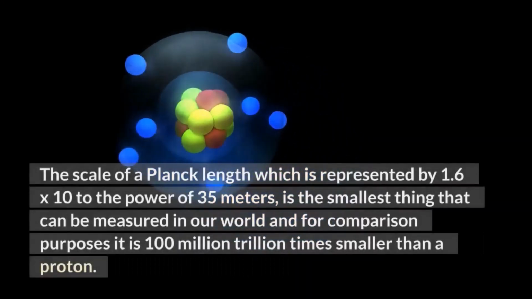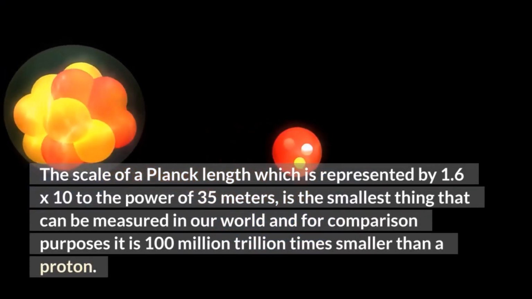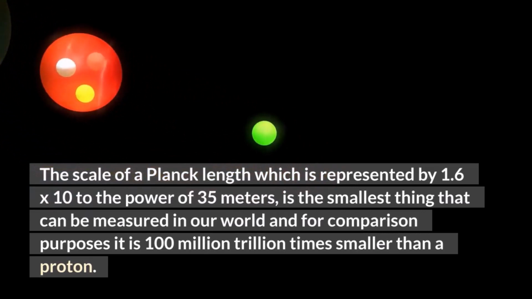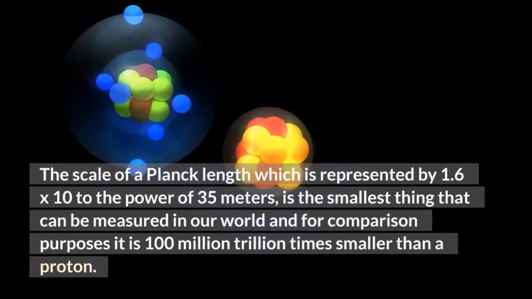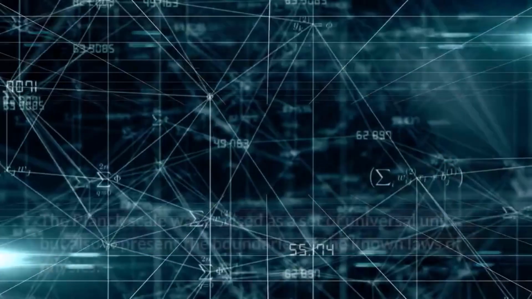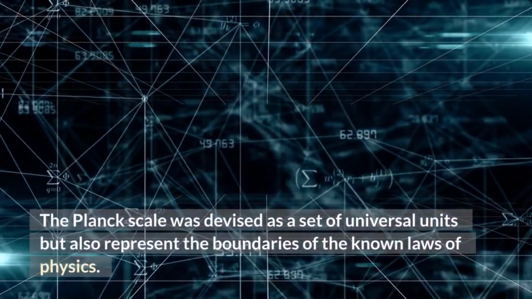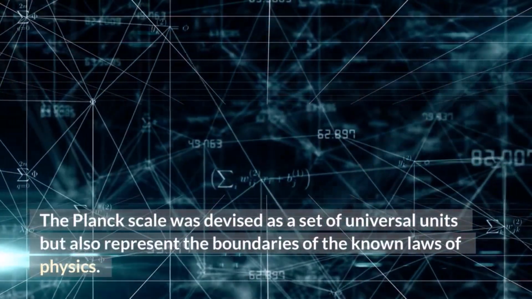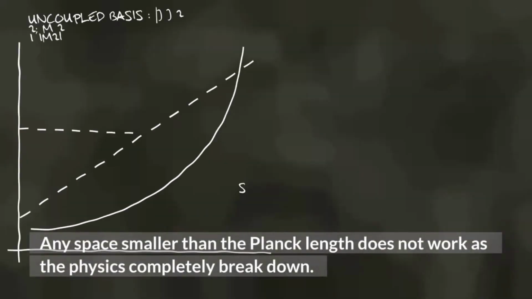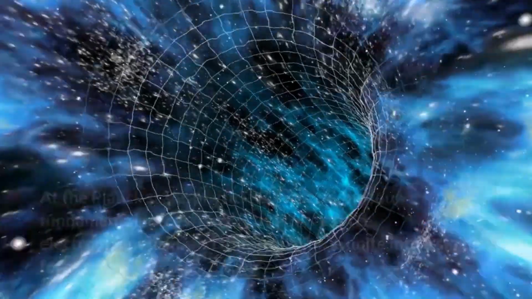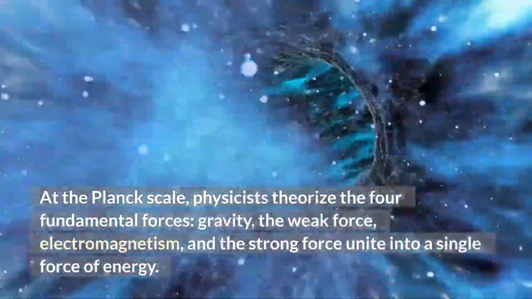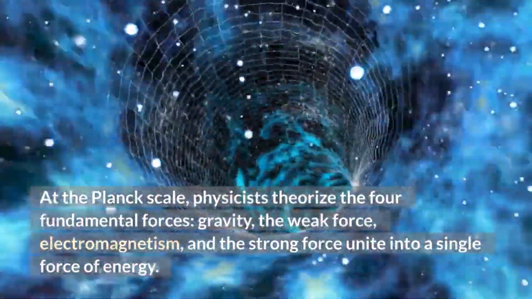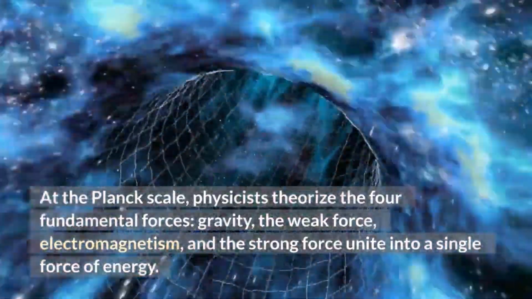The scale of a Planck length, which is represented by 1.6 by 10 to the power of negative 35 meters, is the smallest thing that can be measured in our world, and for comparison purposes it is 100 million trillion times smaller than a proton. The Planck scale was devised as a set of universal units, but also represents the boundaries of the known laws of physics. Any space smaller than the Planck length does not work, as the physics completely break down. At the Planck scale, physicists theorize the 4 fundamental forces: gravity, the weak force, electromagnetism, and the strong force unite into a single force of energy.